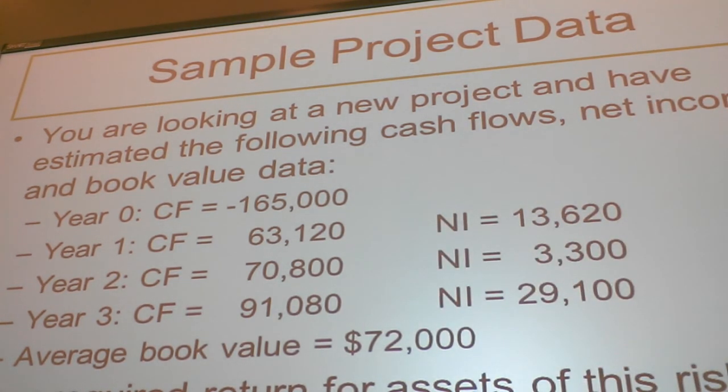Year 2, $70,000. In year 3, $91,000. Your net income is $13,000 in year 1. Net income in year 2 is $3,300, and year 3 is $29,100. The average book value is $72,000.